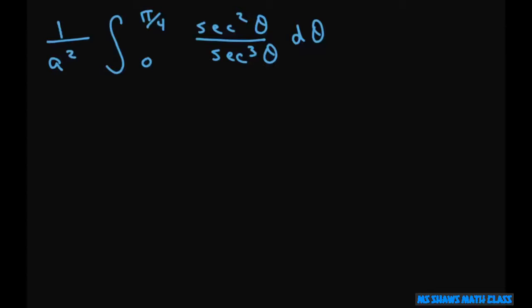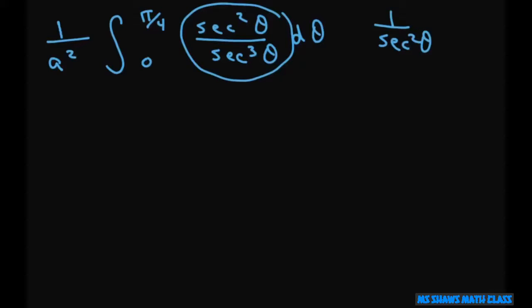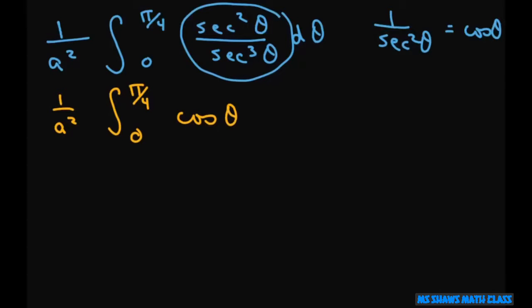Well, this is just going to be 1 divided by secant theta, which just equals cosine of theta. So I can rewrite this as 1 divided by a squared from pi divided by 4 to 0, and this is going to be cosine of theta d theta.